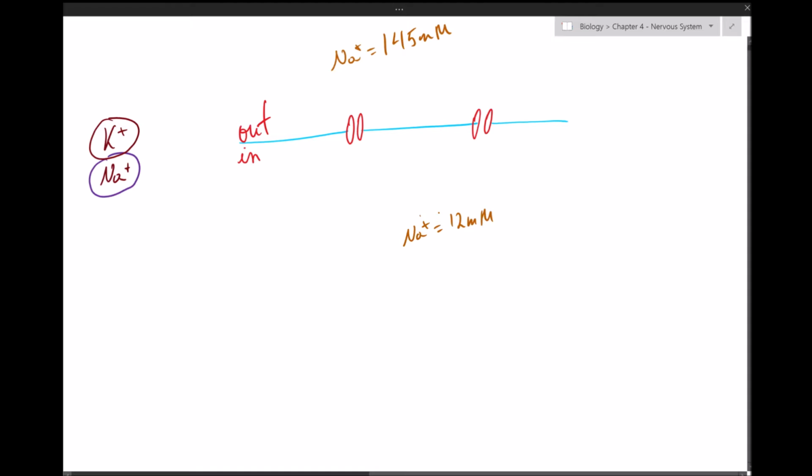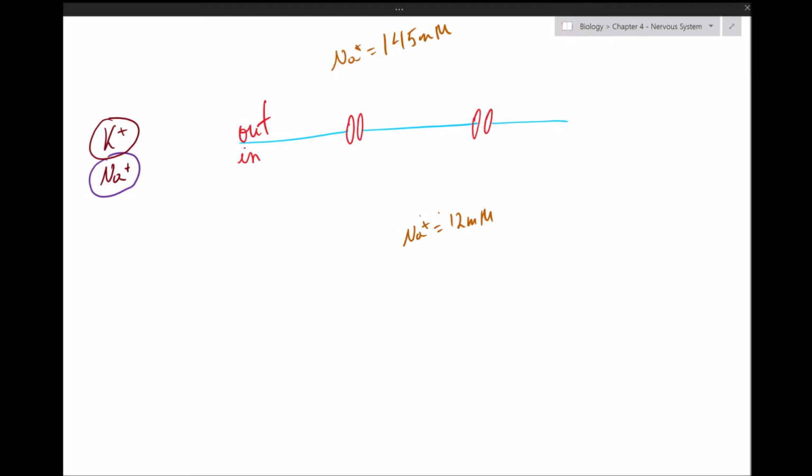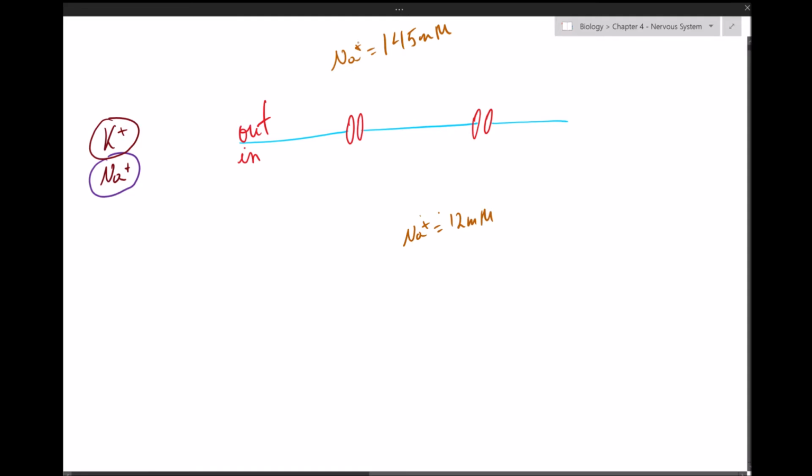Okay, so first thing you have to ask yourself is, what is going to be the concentration gradient? Well, the concentration gradient is showing us that sodium outside of the cell will be moving into the cell. So these sodium ions are going to want to move in. And what happens when they move in? They're going to become more and more positive inside the cell.